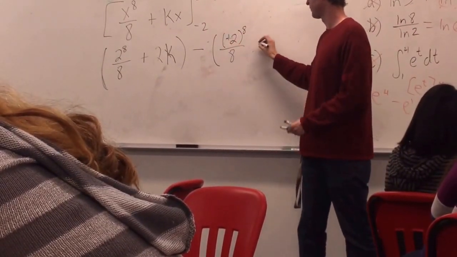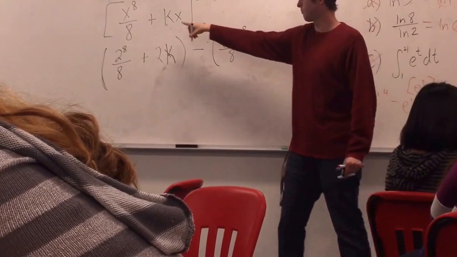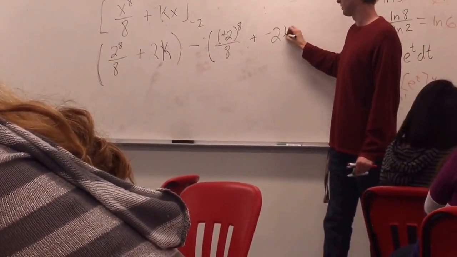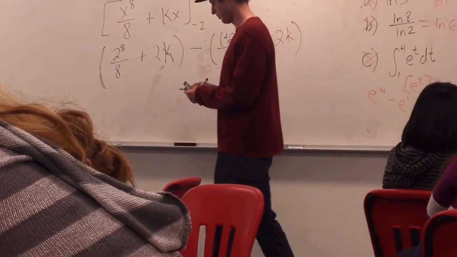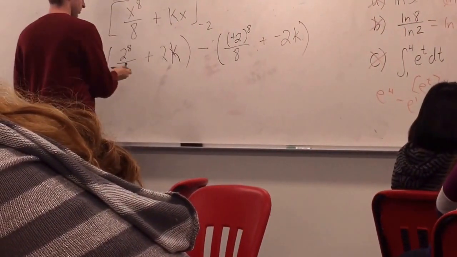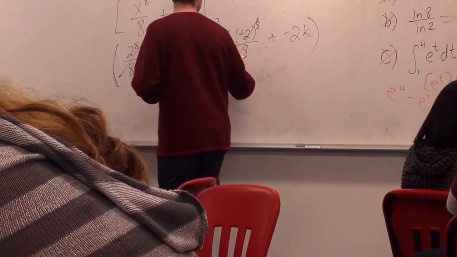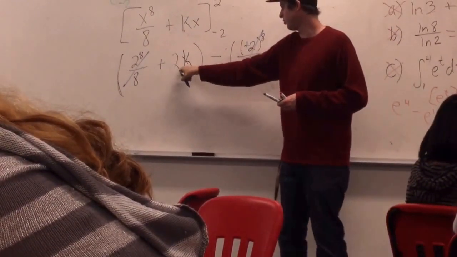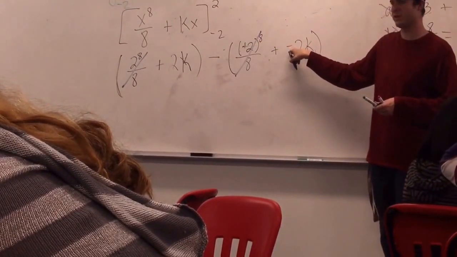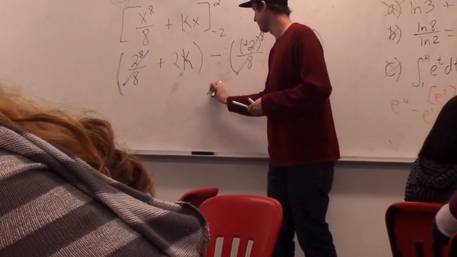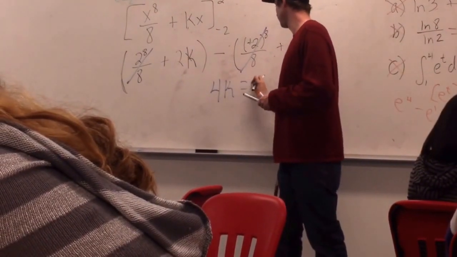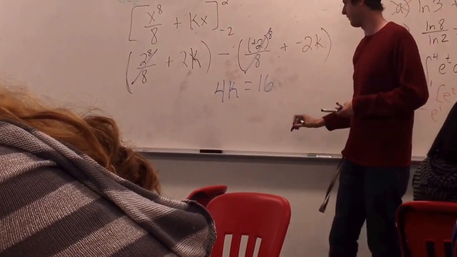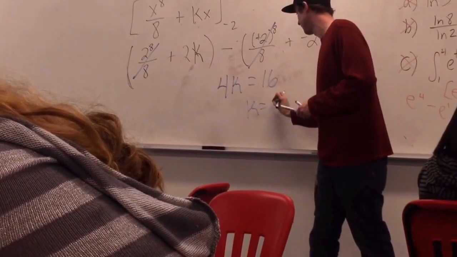Divided by 8, and then it's plus negative 2k. So you'll see that these two are going to cancel, even if you don't know what the number is, because it's the same thing. And then 2k minus negative 2k becomes 4k equals 16, because this integral is equal to 16. Divide by 4, we get k equals 4.